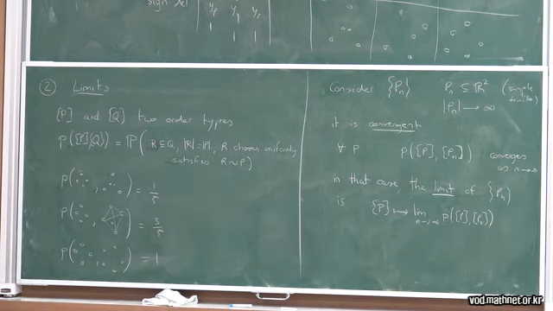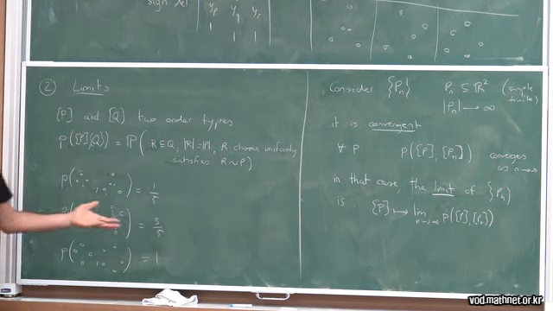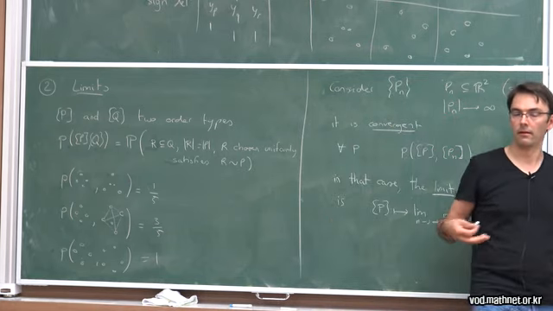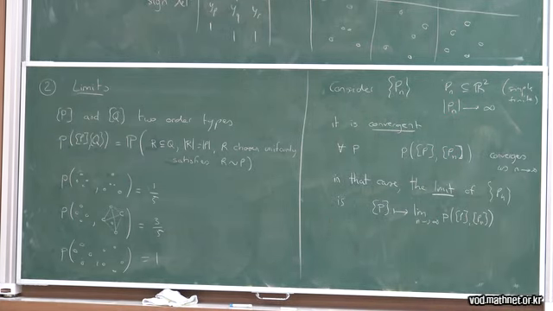So it might be weird. You take a sequence of finite point sets, and the limit is a map. Well, you take a sequence of rationals, and the limit is a real. It turns out that this is a good object to look at.